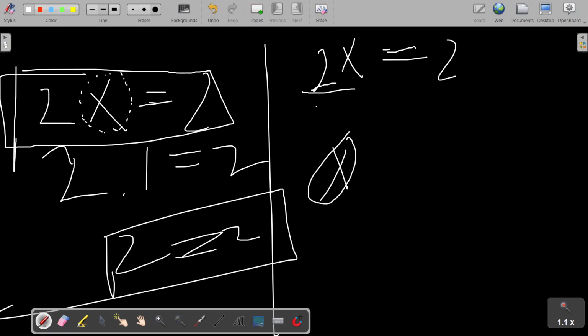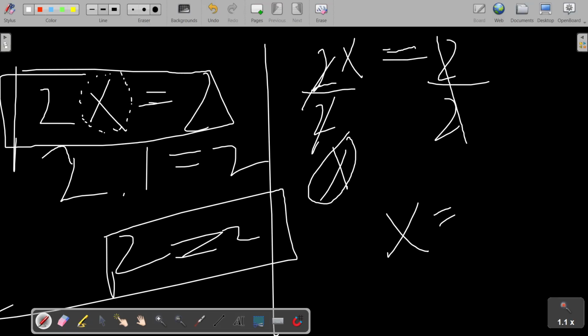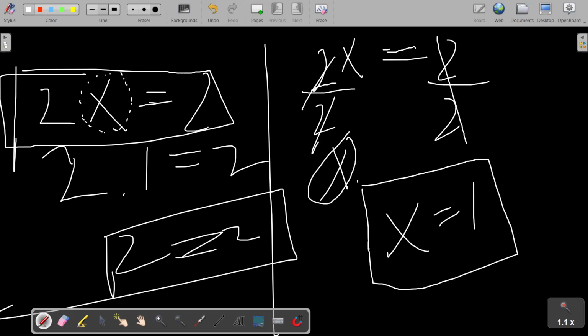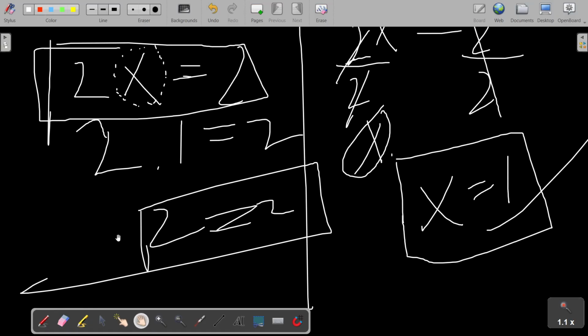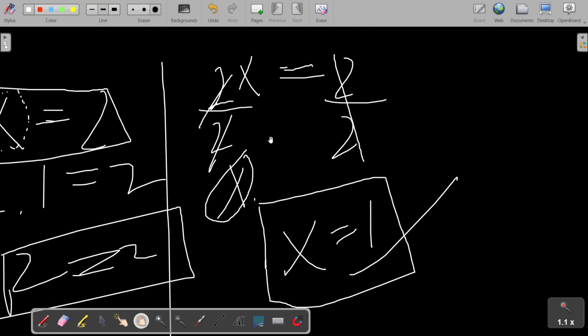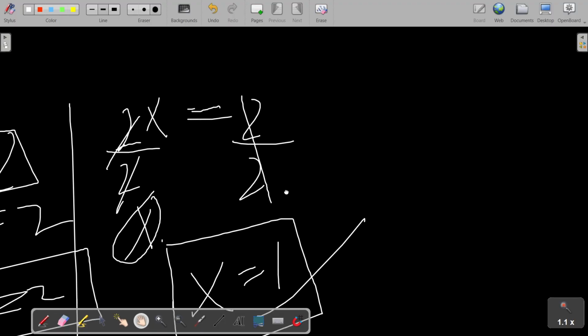So if I divide both sides by 2, this 2 will get cancelled, this 2 will also get cancelled, and I am left with x is equal to 1. So either we can simplify that, or we can predict that. Prediction is not always a way to solve equations. We need to learn how to simplify these things.